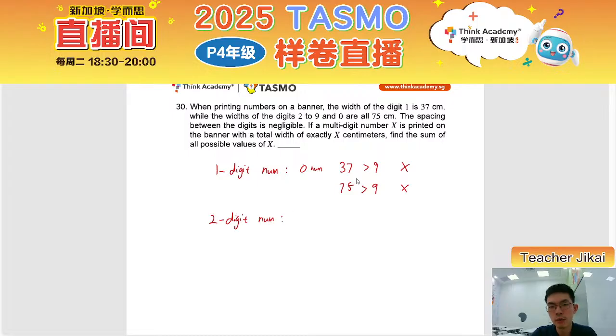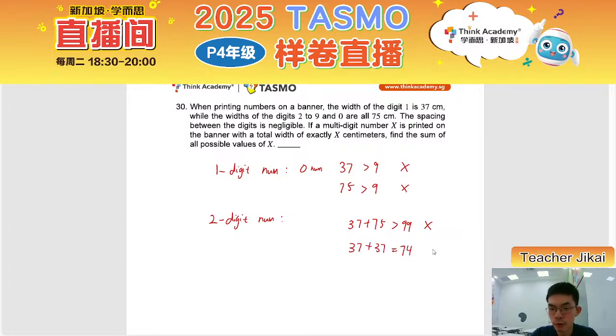For 2-digit, we have several cases. The first, it is 00. But is 00 being possible? No. Or we have digit 1 and the other digit from 2 to 9 or 0. So it is 37 plus 75. Also larger than 99, right? So it cannot be a 2-digit number. No. So how about we have 11 here. 11 here is 37 plus 37, 74, right?